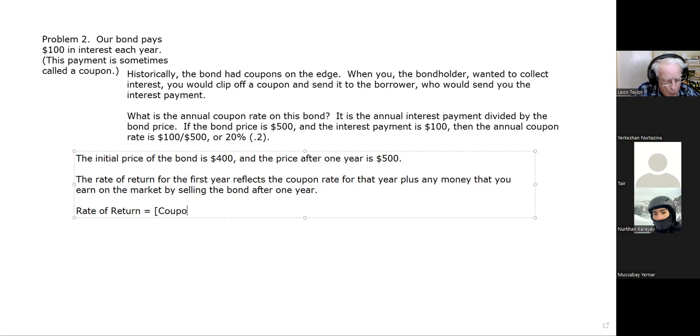Here is the coupon payment that you will earn in the first year. And then let's add to that the amount of money that you make from selling the bond after 1 year: the price in year 2 minus the price that you already paid in year 1.